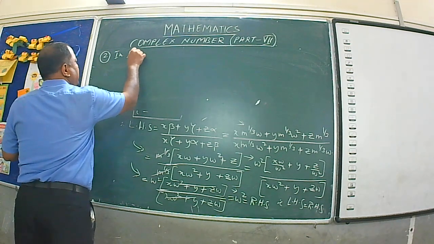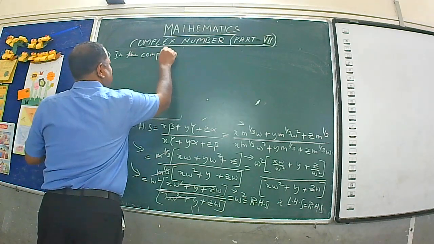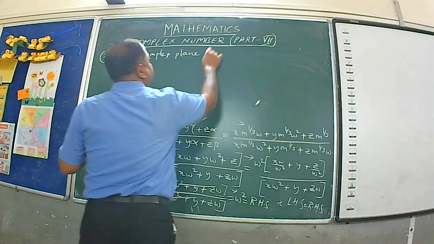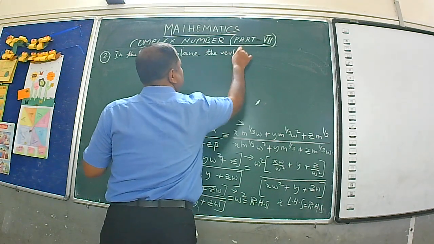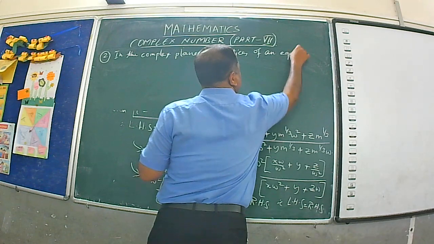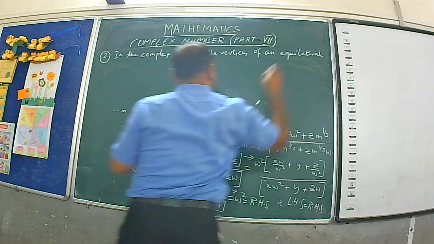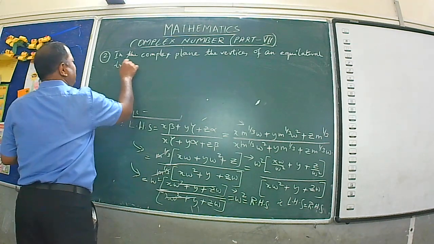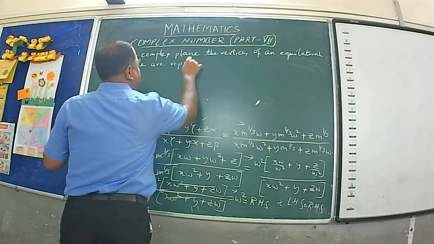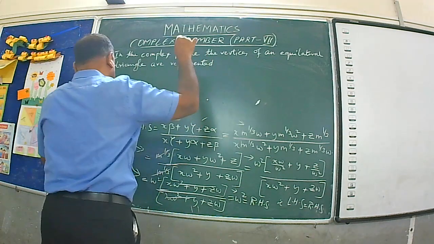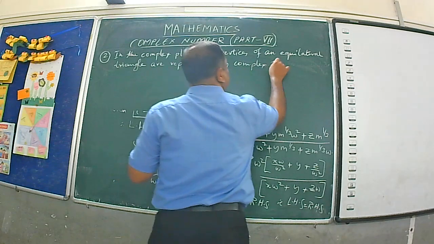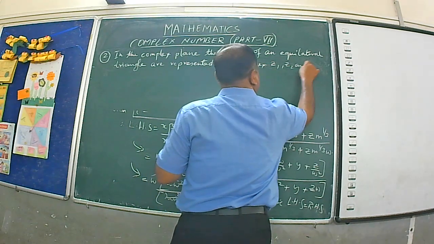In the complex plane, the vertices of an equilateral triangle are represented by complex numbers Z1, Z2 and Z3.